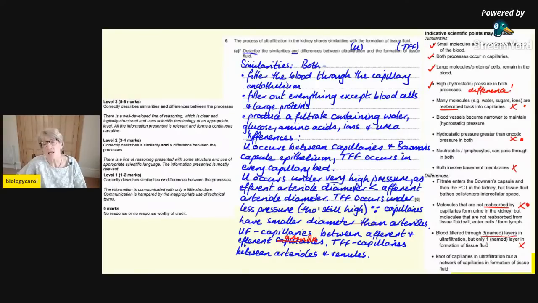But it doesn't make sense of why there's only one named label in tissue fluid, because you would have thought that this would be endothelium, basement membrane, epithelium, and this would be endothelium, basement membrane. So if I'm really honest, I'm just holding my hands up, I don't quite know how both of those are in the mark scheme.